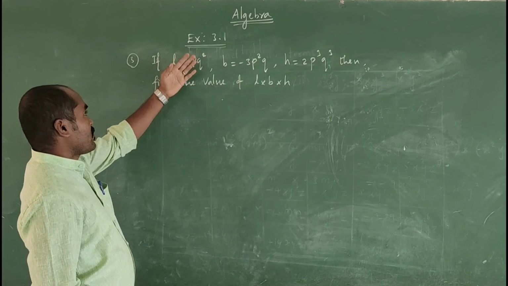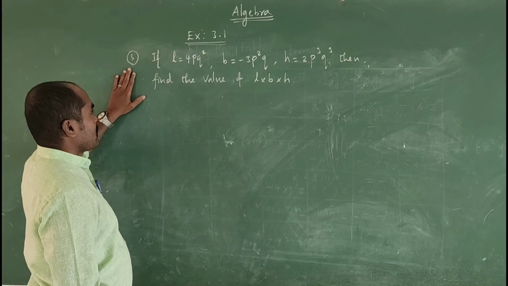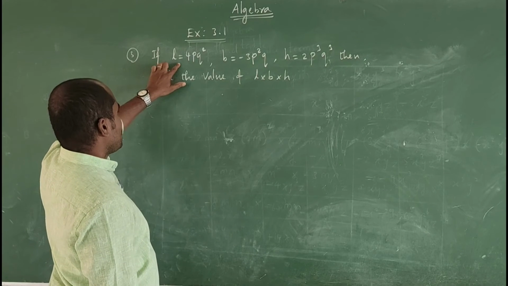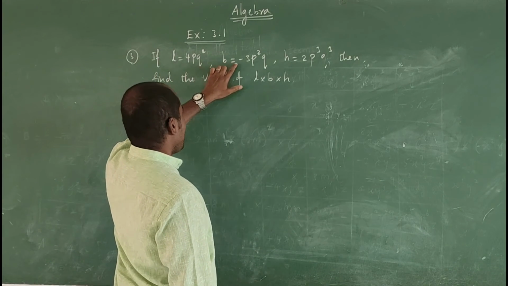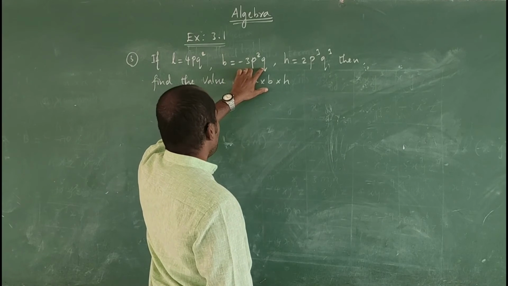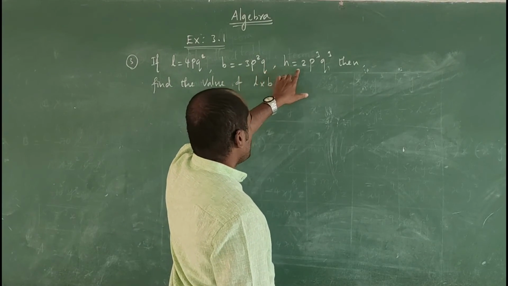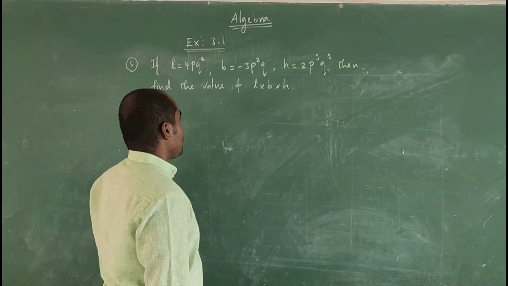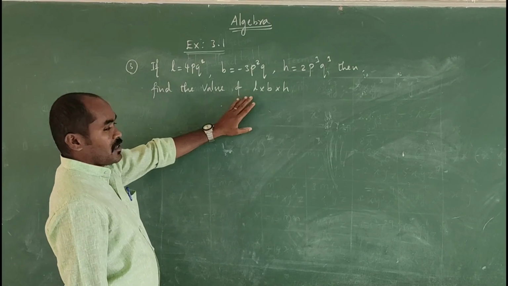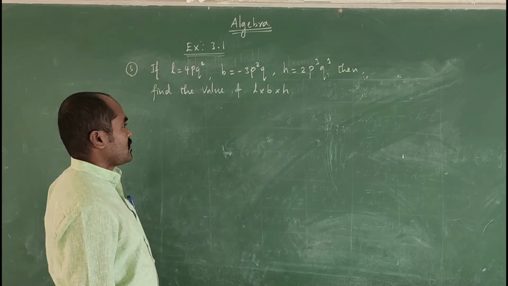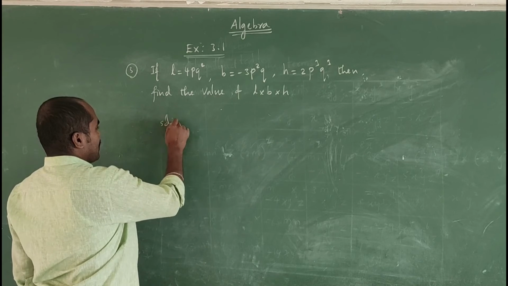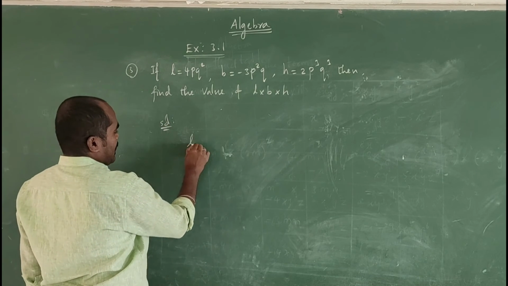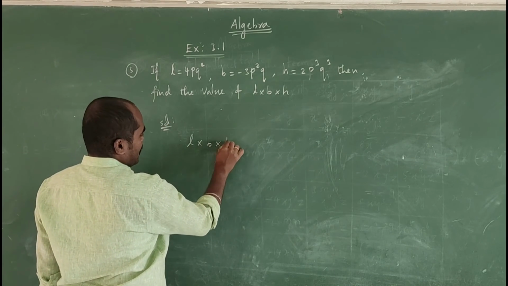Next, exercise 3.1, third sum. If L is equal to 4pq square, B is equal to minus 3p square q cube, H is equal to 2p cube q cube, then find the value of L into B into H. This is also a second sum model. We have to find L value into B value into H value.